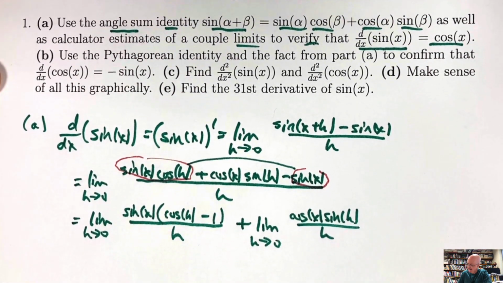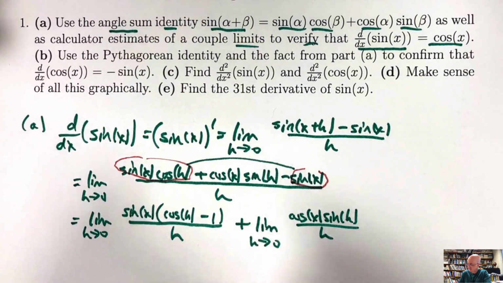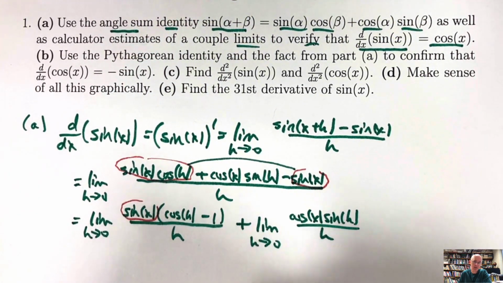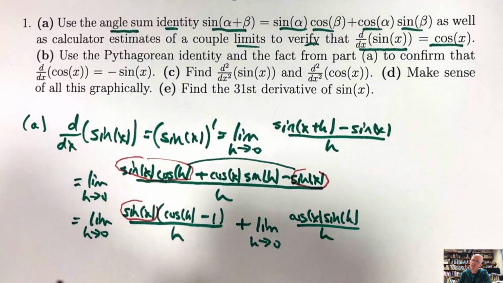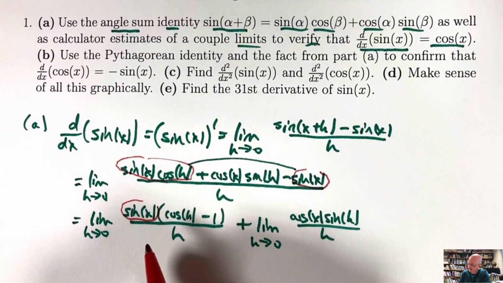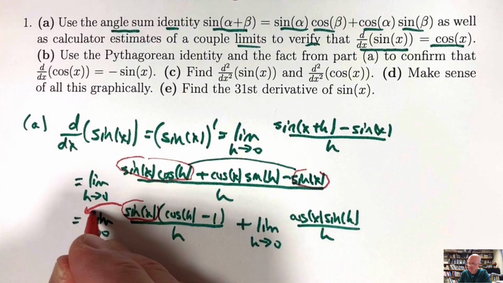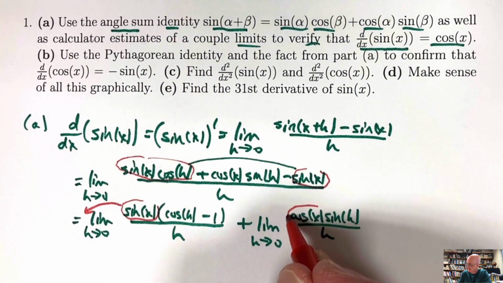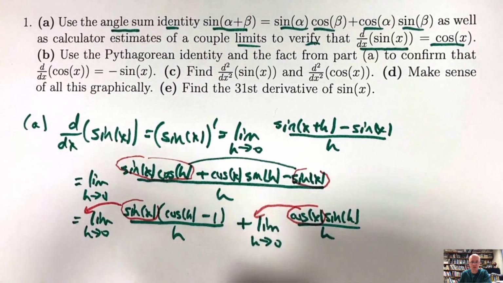All right, yeah, now with this expression right here, the sine of x, with respect to the limit at least, is a constant. When you do this calculation, you want to think of x as fixed. Factor it out. Hey, and that can happen in the second limit here too. This cosine of x is a constant. That can be factored out as well.